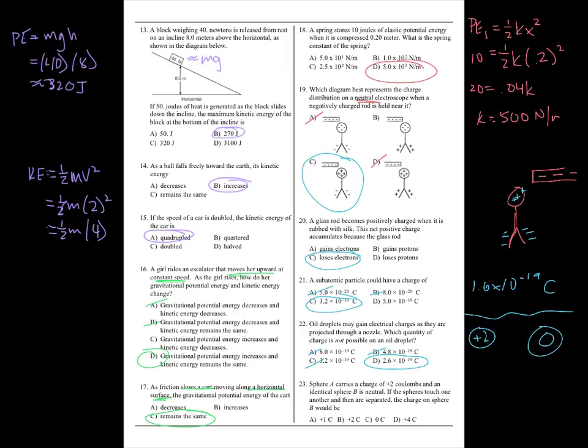The way to find their new charges is to add up their charges, find the total, and then divide it up evenly. The total is positive 2, divided up evenly, and you get positive 1, positive 1. That'll be choice A. Each sphere will have a charge of positive 1, because now equilibrium is reached.